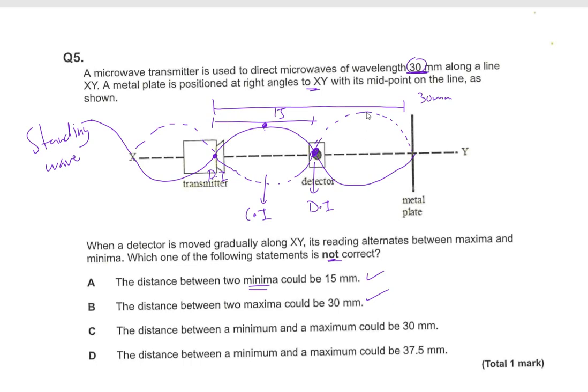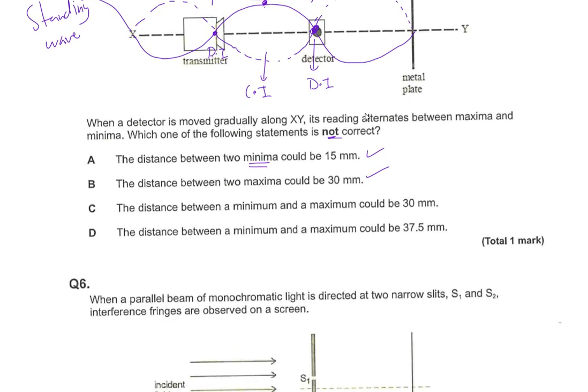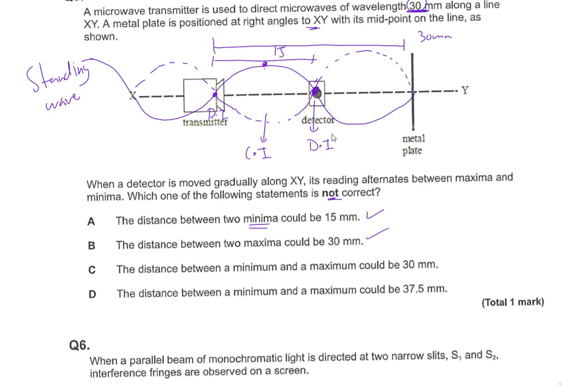Okay, so this is the peak for the peak. This is the bottom peak with that. The distance between one minimum and the next maximum is 30 millimeters. Clearly, the distance from one minima to the next maxima is not this.